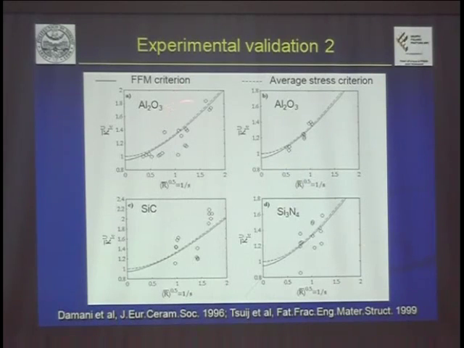Three different materials have been taken into account. Before starting, I must say that in these 3 cases, just to be honest, since the material strength was not provided in the reference paper, we have obtained it from a best fit procedure. The continuous line here refers to the finite fracture mechanics predictions, while the dotted line refers to the average stress criterion.